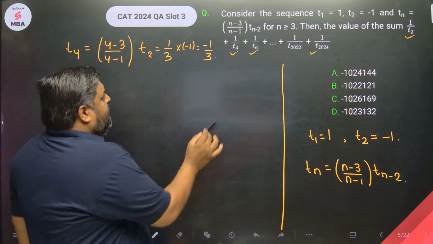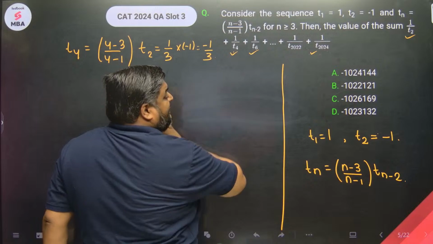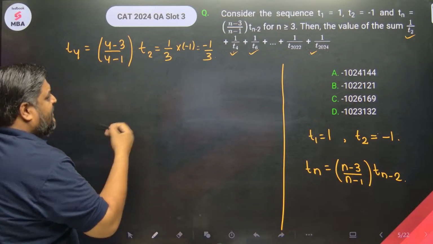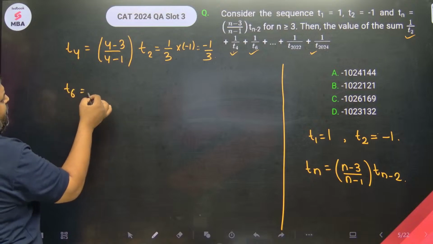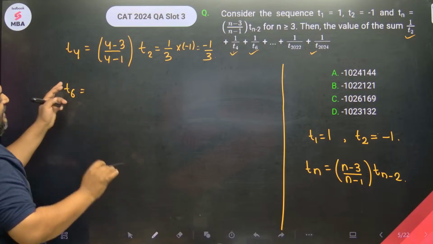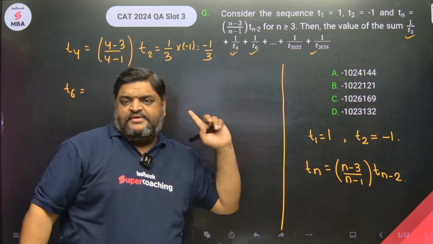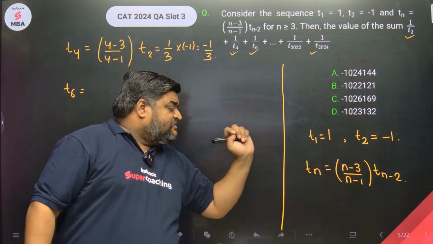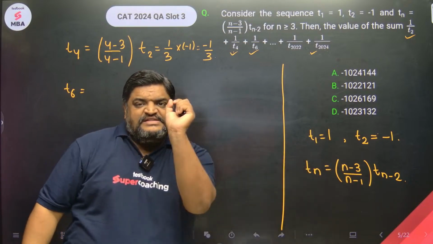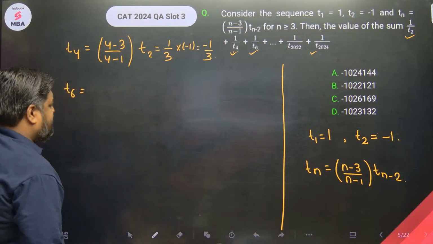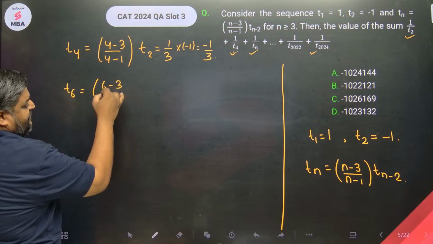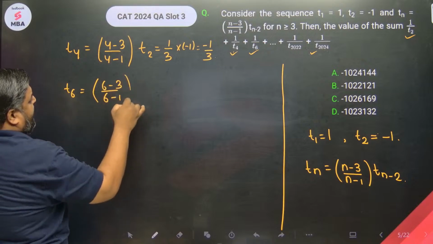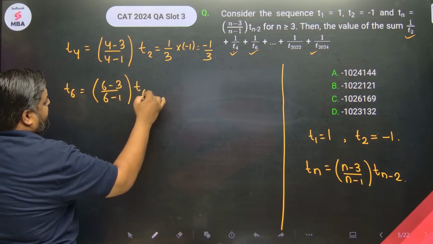T4 मिल गया. Let's try to find out T6. What could be T6? Now T6 के लिए again we will use this expression where n की value is 6. Put n is equal to 6. So T6 would be equal to (6 minus 3) upon (6 minus 1) times T(6 minus 2).